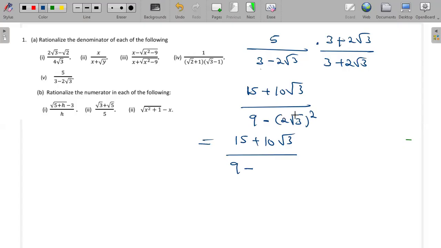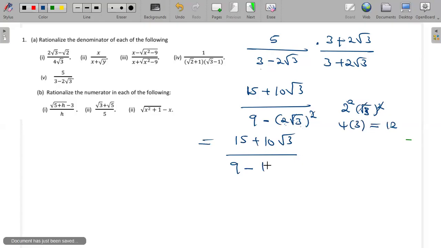Then you have this root and that will go. So you have 4 multiplying by the 3. Since 2 squared, here you distribute as the laws of indices that we learned. So you distribute the exponents. You have 2 squared there, then you have square root of 3 squared there. So this and that goes, then that's 4 multiplied by 3 gives us 12.